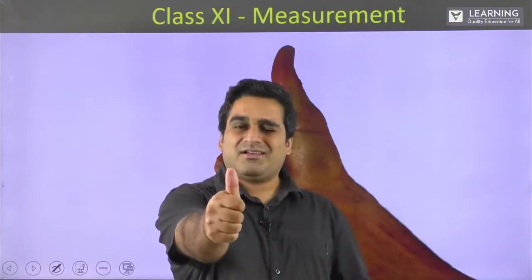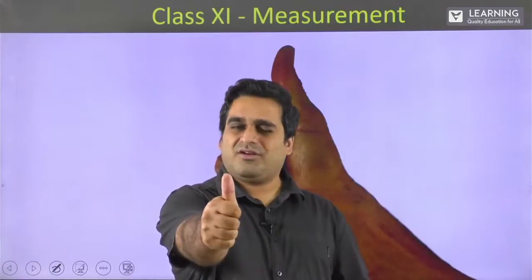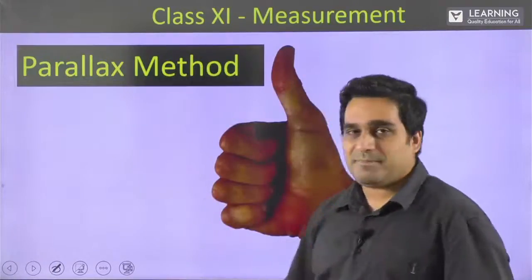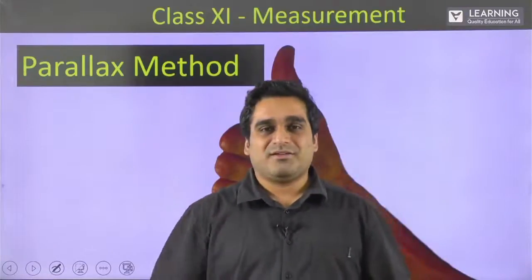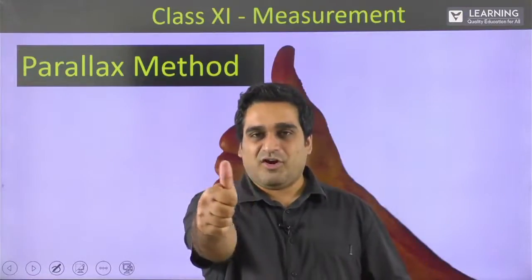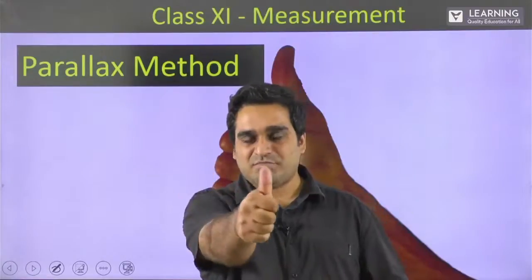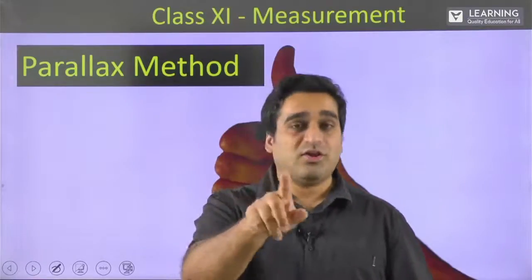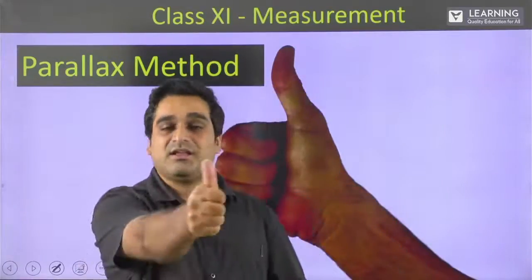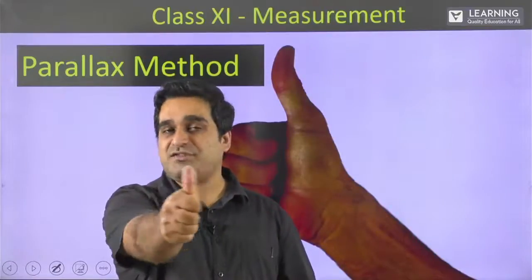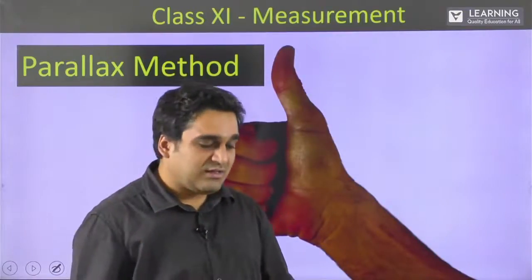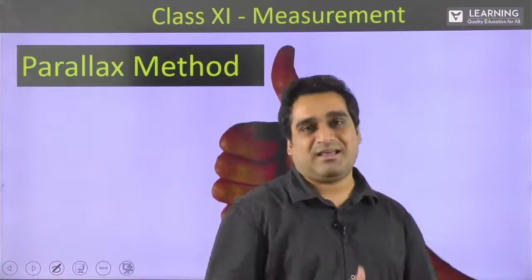So this is what we call the parallax method. The shift of an object with respect to the background, though the object is stationary, the apparent shift in its position is what gives rise to parallax.